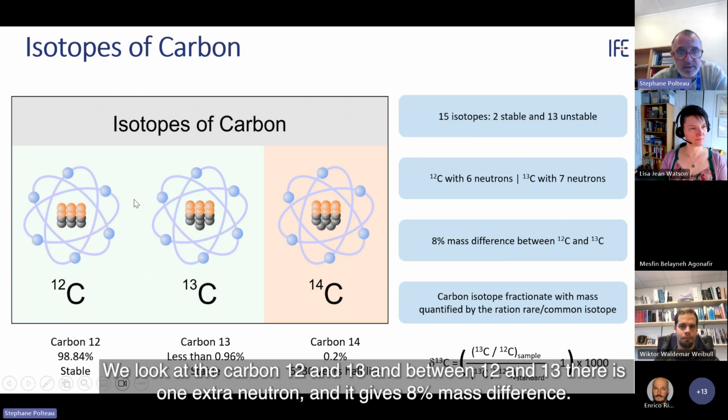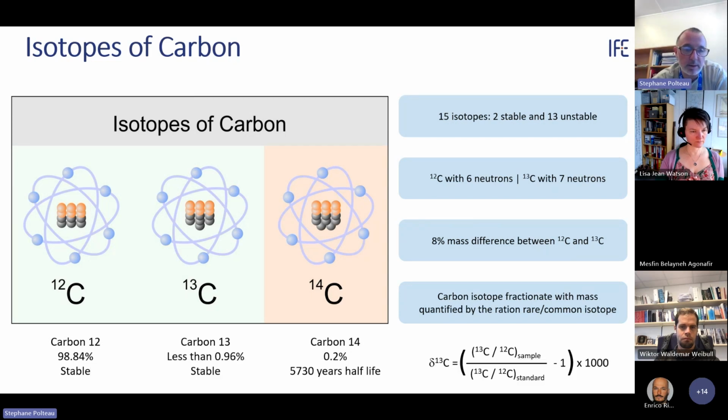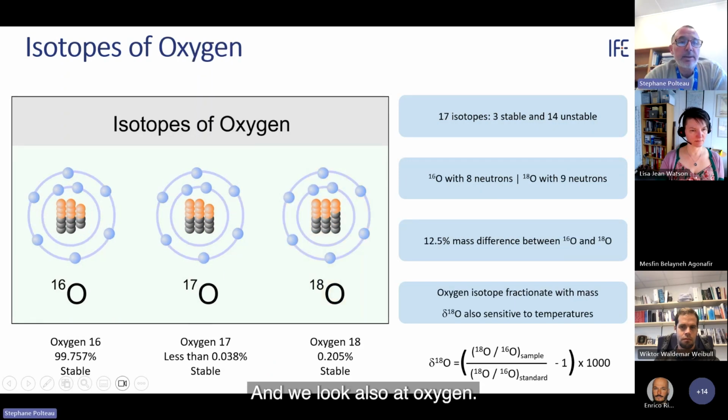And between 12 and 13, there is 1 extra neutron, and it gives an 8% mass difference. So again, carbon fractionates with mass, meaning that some of the reactions will prefer the light or the heavy over the other isotope. And we look also at oxygen.